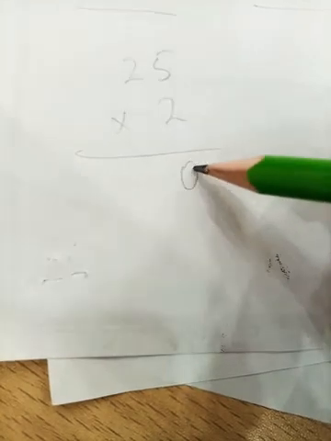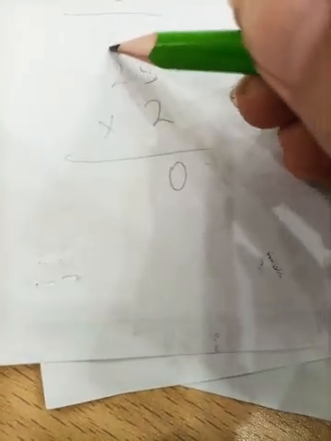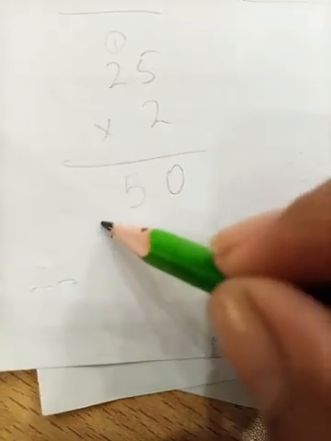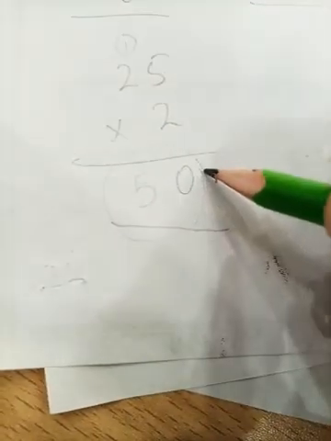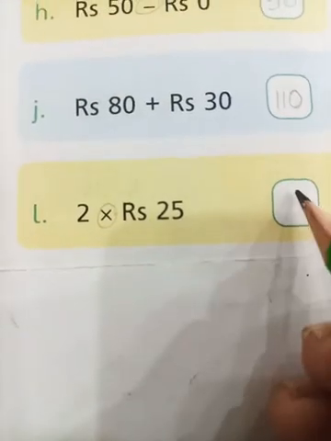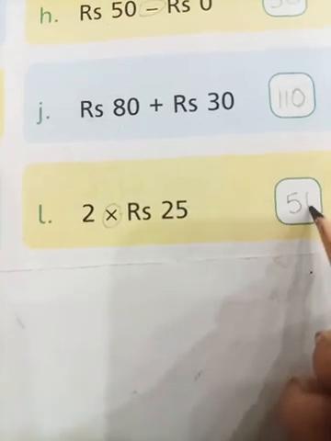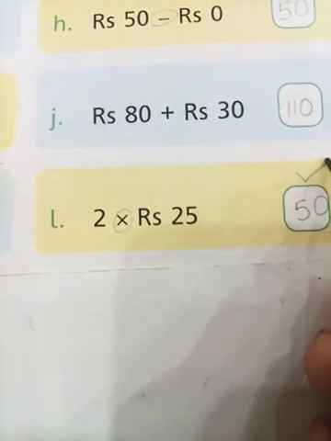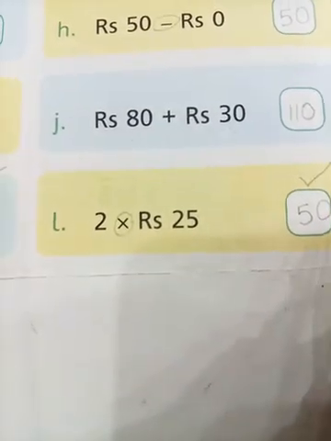I am writing the 0 here and 1 above this. 2 twos are 4 and 1 is 5. Now students, 25 twos are 50. Here is my required answer, so I will mark the tick for this answer. 25 twos are 50. So students, here is the sign of tick because this is equal to my answer, 50.